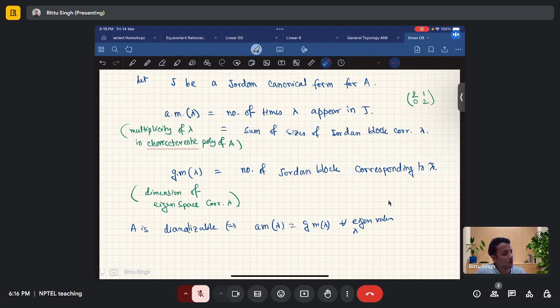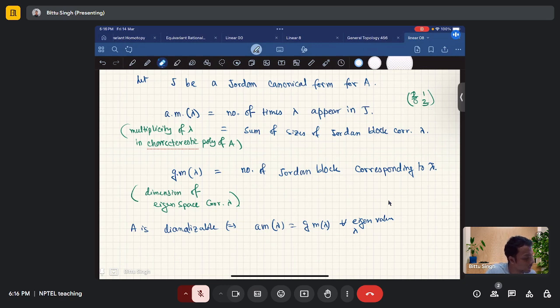So 1 is not equal to 2. For example, let us write 3, otherwise it may confuse. So here, though algebraic multiplicity is 2, geometric multiplicity is actually 1, because there is only a single Jordan block.